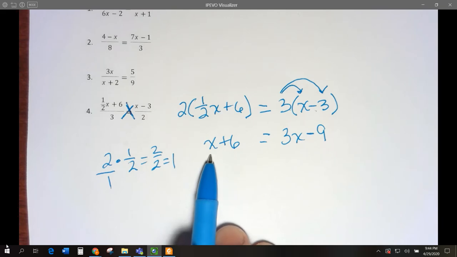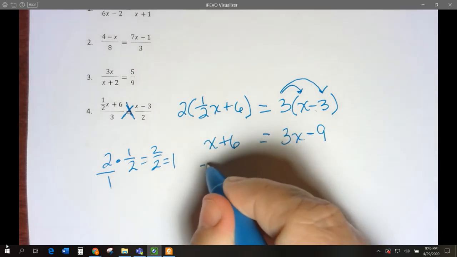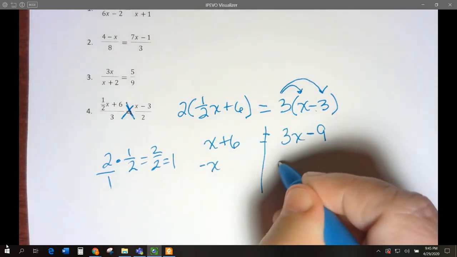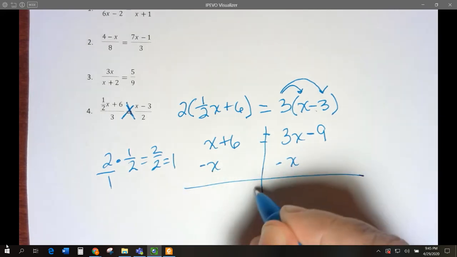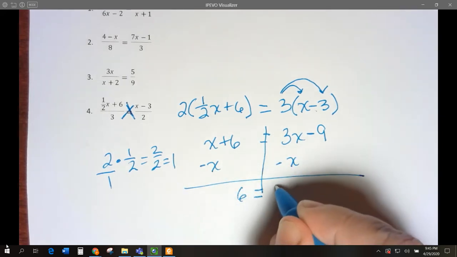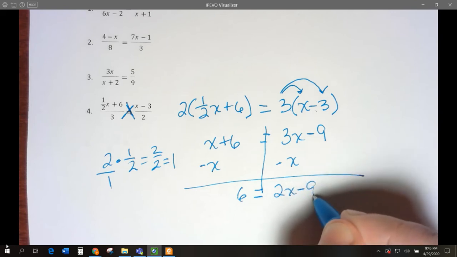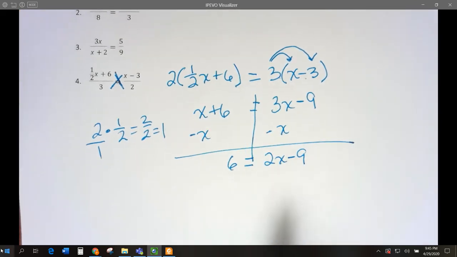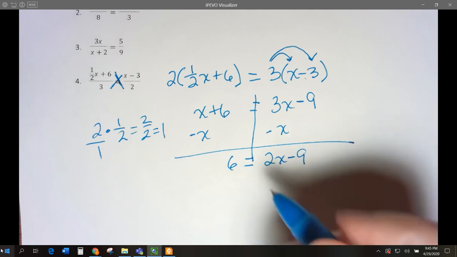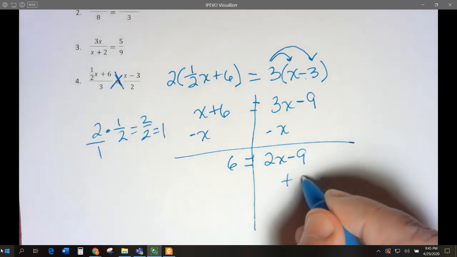Now we have to get variables on one side, so we're going to get rid of the variable with the smallest coefficient. It's this one with 1. So we're going to subtract that 1x from both sides. 6 equals 2x minus 9. Now we have to get rid of our subtraction, so we're going to add 9 to both sides.